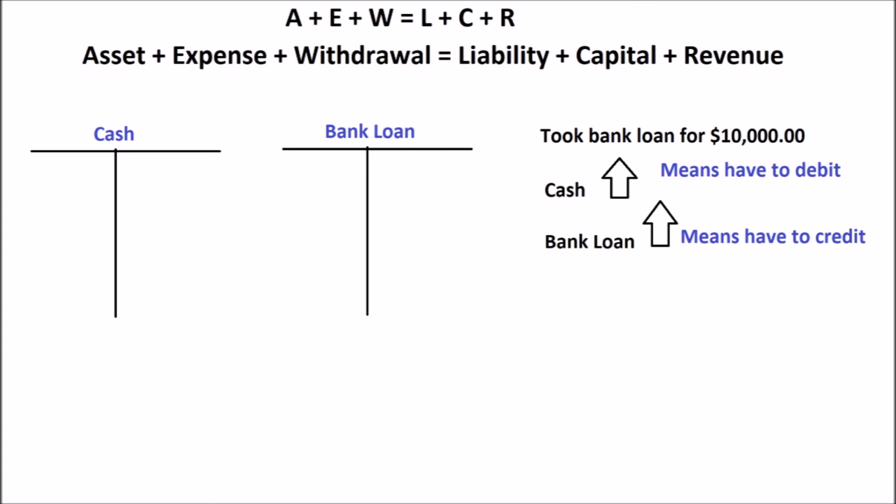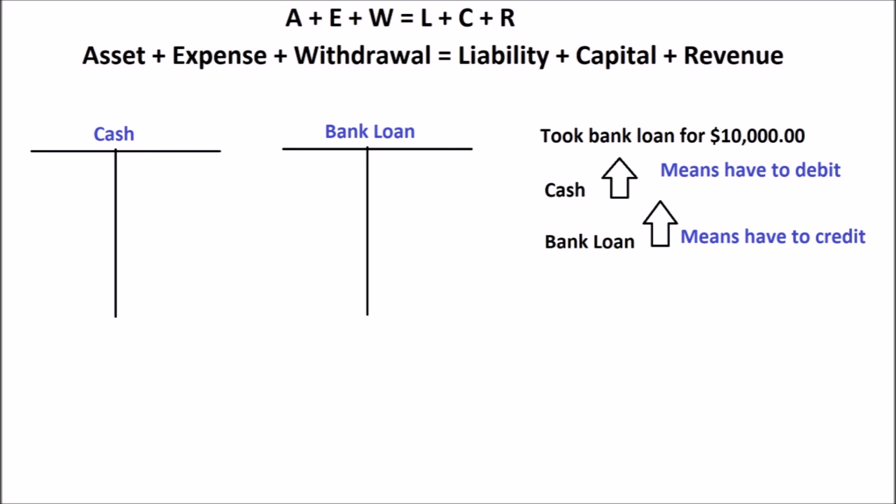Say for example you took a $10,000 loan from the bank. In that case, your cash has gone up because the loan has come into your bank account, and at the same time your liability, such as accounts payable, has gone up.